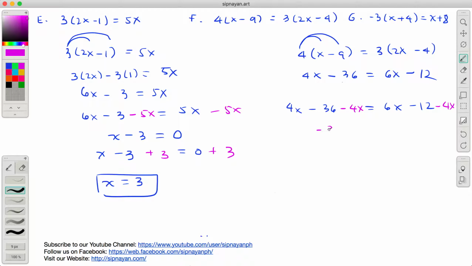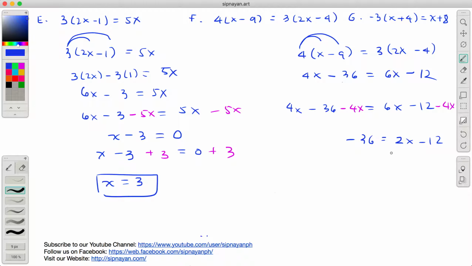So, this is negative 36. 4x minus 4x is 0. So, matitira na lang is minus 36, no? So, pag minus, tapos wala na siyang kasama, para negative 36 na rin yan, no? And then, 6x minus 4x is 2x.